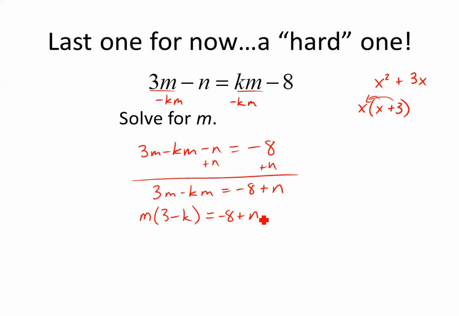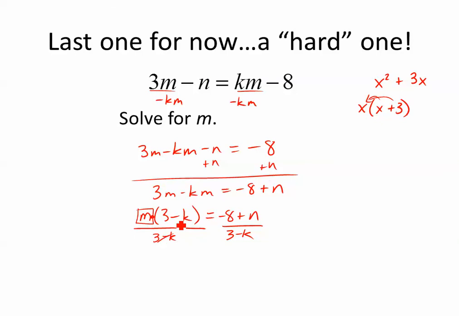Hopefully you took notes on the previous slide, because now you can look back at it and say, oh yeah, I was solving for that variable there, and I had that big group, that packet of stuff, that a plus b, and now I can divide by the a plus b. So now we can divide by 3 minus k, because that is being multiplied by m. And if that's being multiplied by m, we can solve by dividing by 3 minus k.